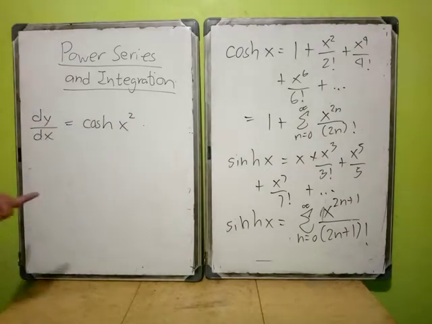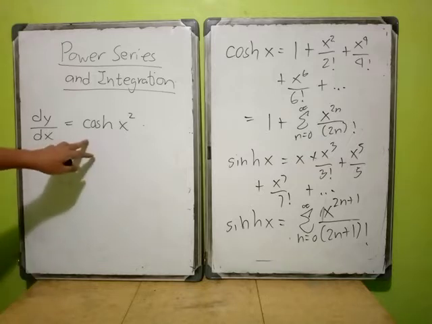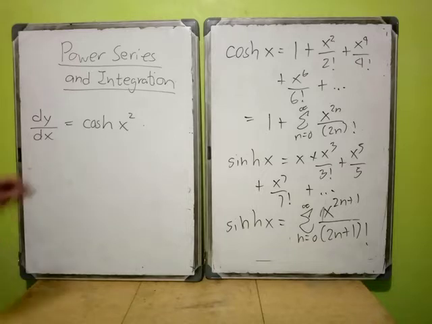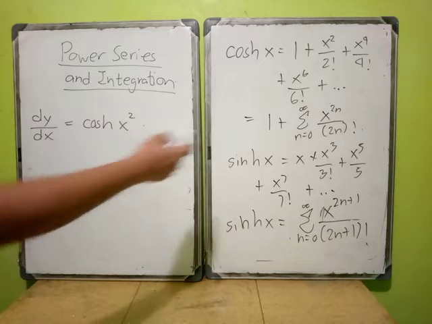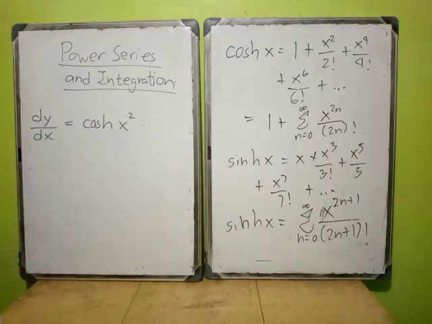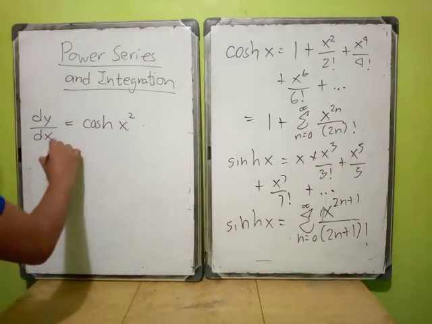If it's only hyperbolic cosine of x, we can solve the problem, but it's not. Therefore, we need to replace this by its equivalent power series.